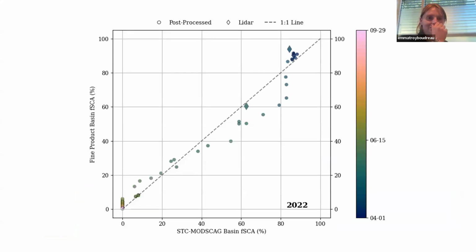For 2022, we are looking at the basin FSCA for our fine resolution product, and then our basin FSCA for the coarse resolution product. And when you see data points above the 1-to-1 line, that's saying that PlanetScope is saying that there's more snow in the basin than what MODSCAG is saying, and also lighter is saying higher if it's a diamond data point.